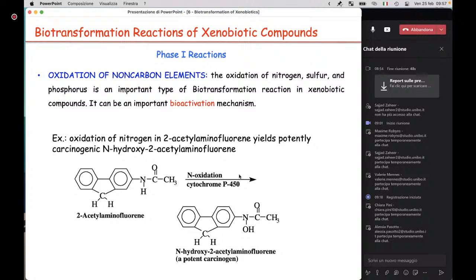So again, we can see here an example of bioactivation. And again, for N-oxidation, the most important enzymes are cytochromes P450.